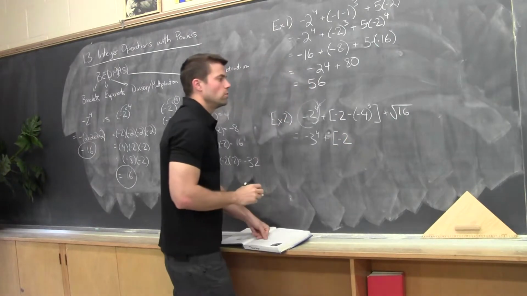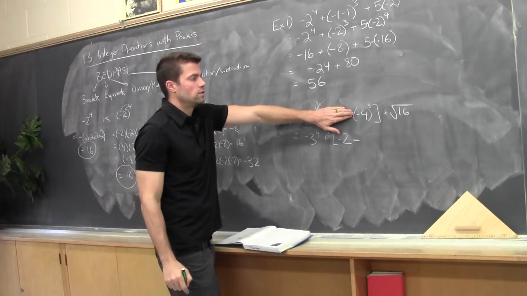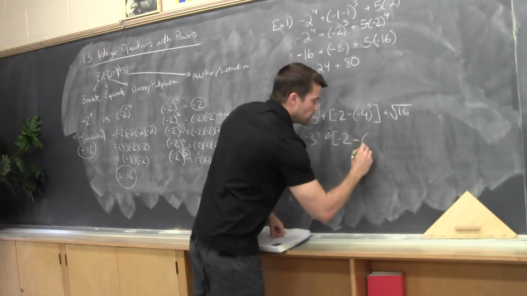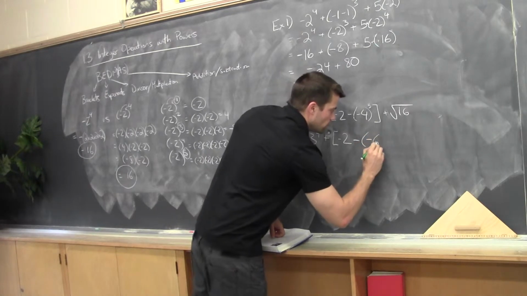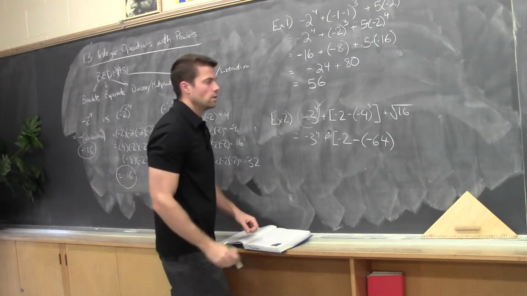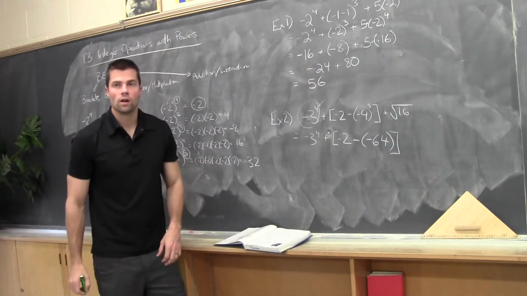That means our final answer is going to be negative. So negative 2 minus, I'm leaving this on the outside of the brackets for now. Now I'm dealing with this negative 4. It's going to be negative 64. Okay, any questions there?